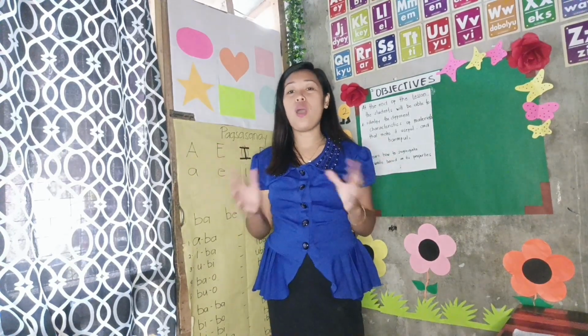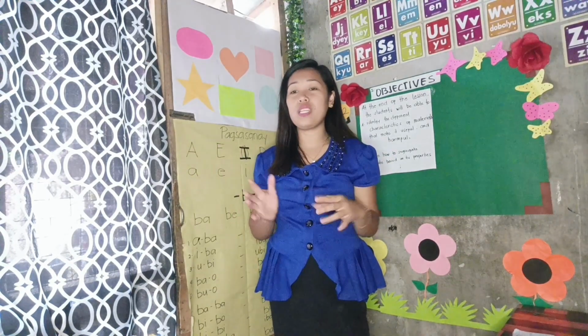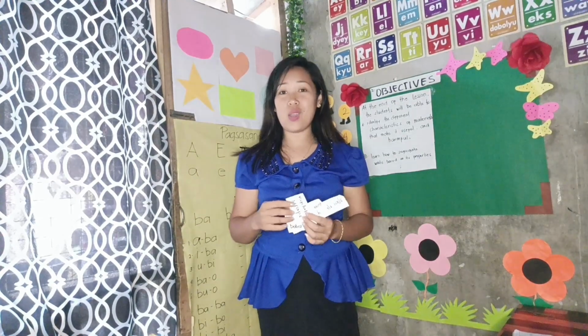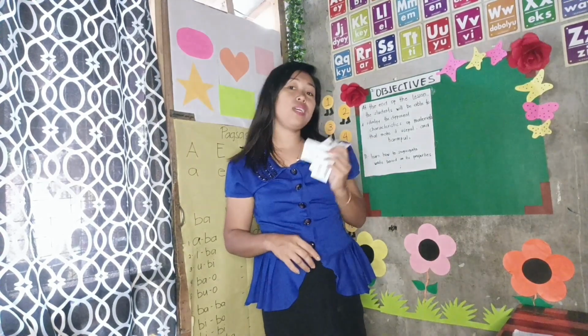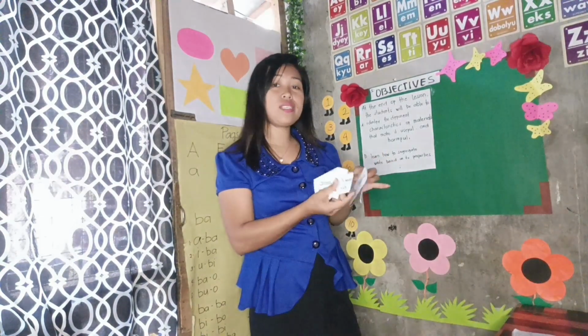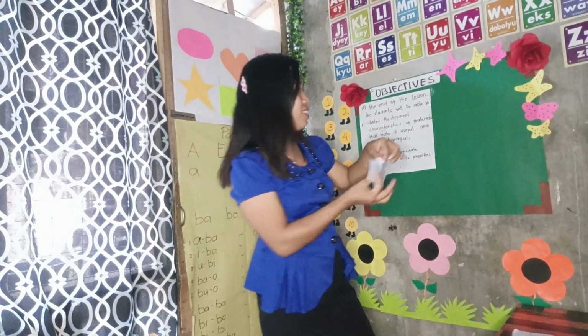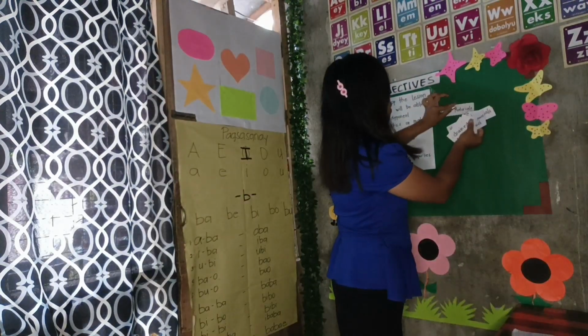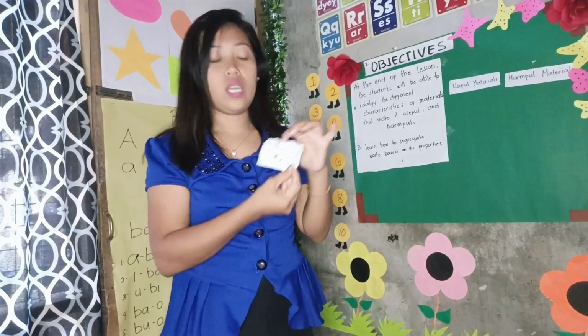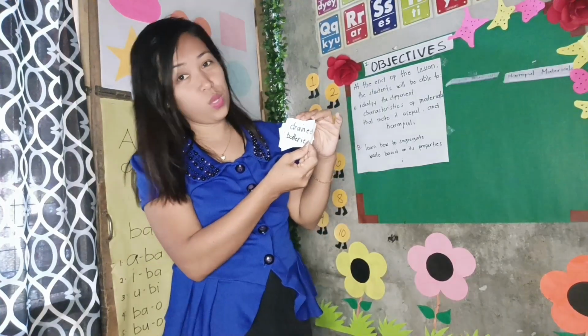So now that you know how to segregate the useful and harmful materials, let us test your understanding by pasting these papers I made, whether it is harmful or useful materials. Okay, drain batteries. Is it useful or harmful?